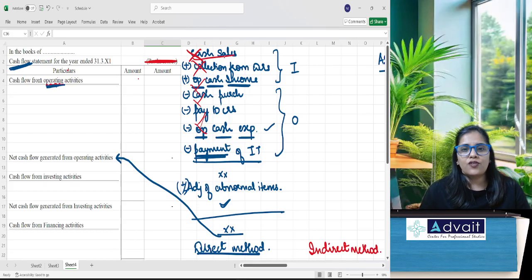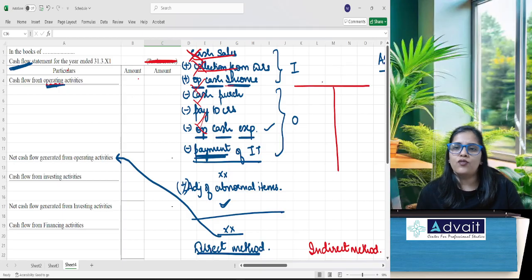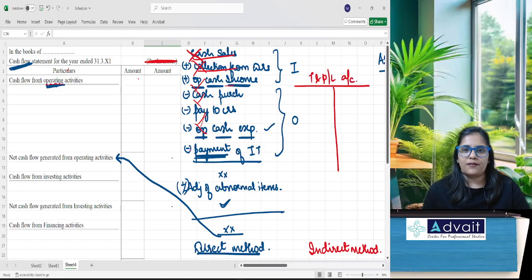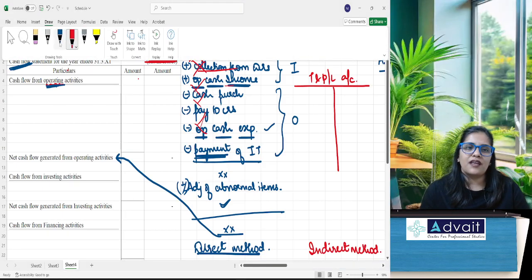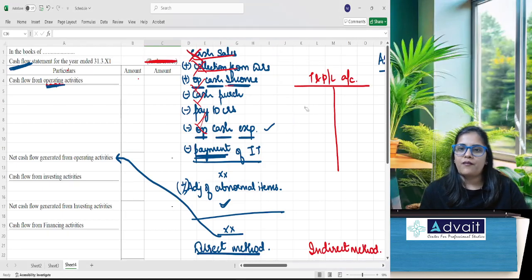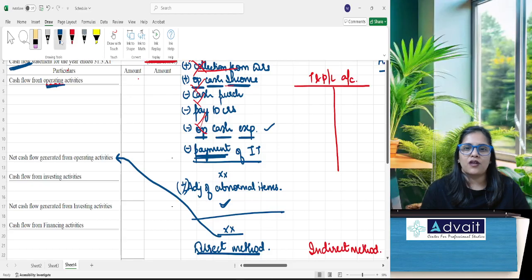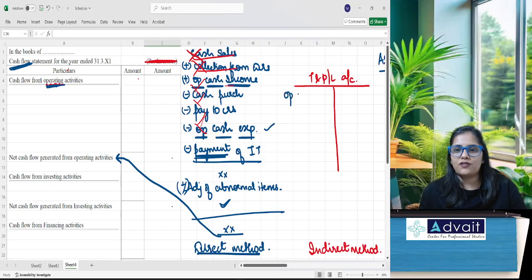They didn't give you cash sales, collection from debtors, all of this directly. But what they did, they gave you trading and profit and loss account in the question. So how do we prepare our trading and profit and loss account? We start with opening stock, correct? Then we write purchases that will include both cash and credit, total purchases.